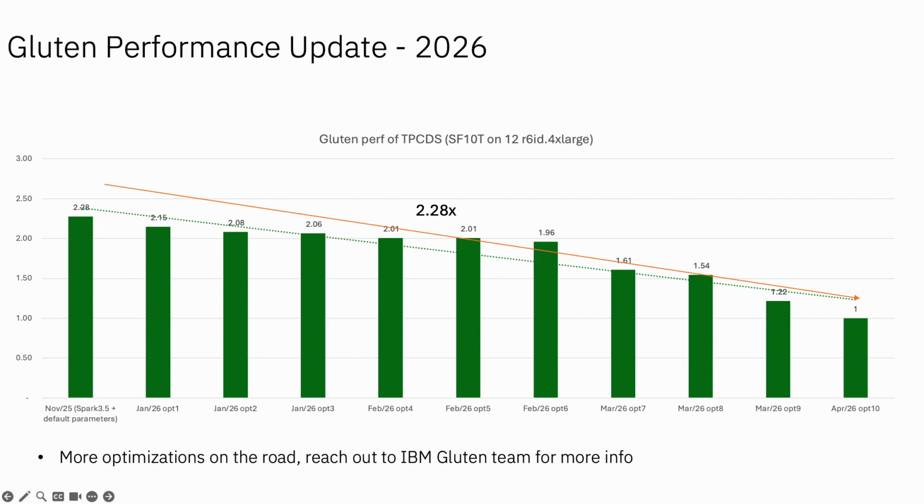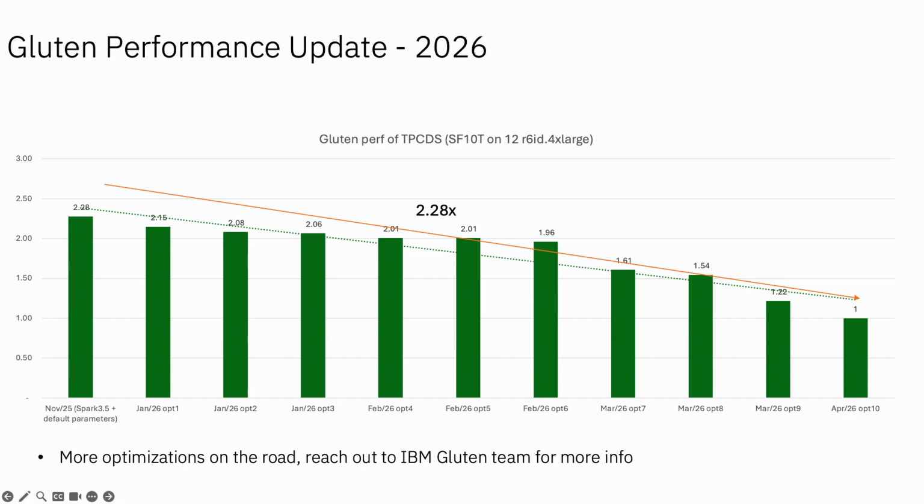Back in November 2025, roughly, we benchmarked TPC-DS 10 terabytes performance with all default parameters, and since then we started to optimize with the methodology I just described.